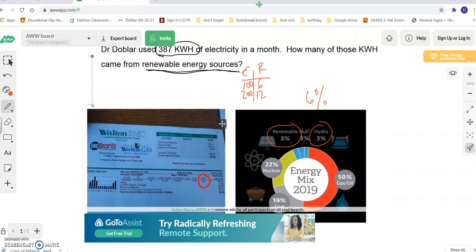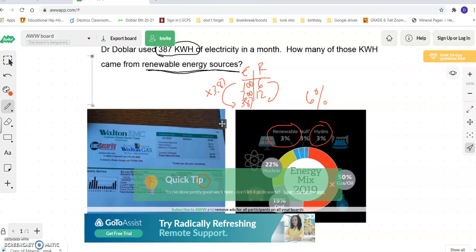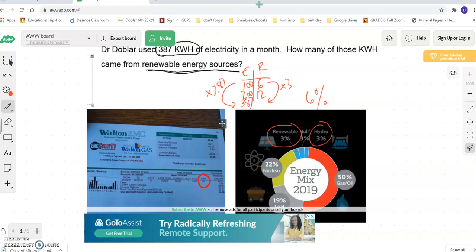Not much, right? So I used 387 kilowatt hours. So that is 100 times 3 and 87 hundredths to get there. So I would multiply 6 by 3 and 87 hundredths. And it's really not going to be much.